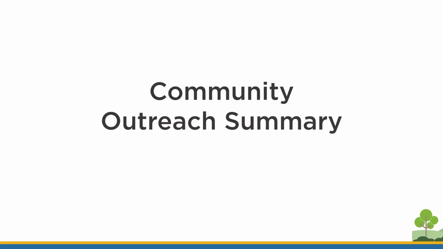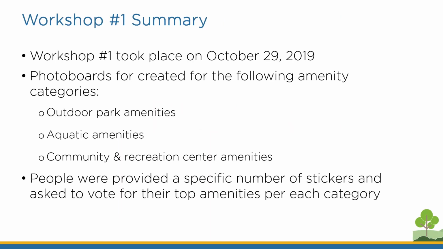Now we'd like to go over the feedback collected during the master plan's community outreach process, starting with workshop number 1. Workshop 1 was held on October 29, 2019 at the La Mesa Community Center. The main objective of this workshop was to ask the community to vote for the amenities and features that they'd like to see in the master plan.